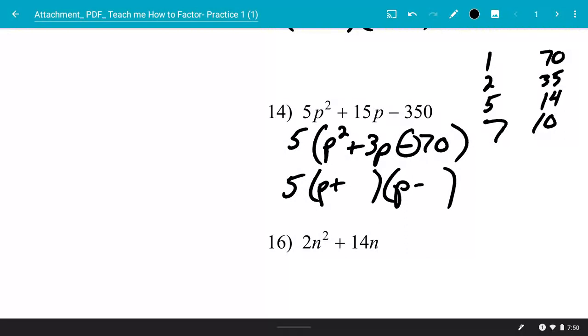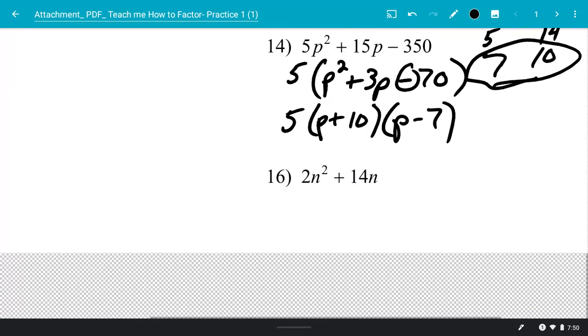I believe that's it. Okay, now with opposite signs, I need them to come together to get a 3. The larger number gets the sign from the middle. So 10 and 7. Now we're going. That one probably looked like a really hard one, and it may have been difficult for you to do, but hopefully now you can see if we trust the process, we'll be okay.